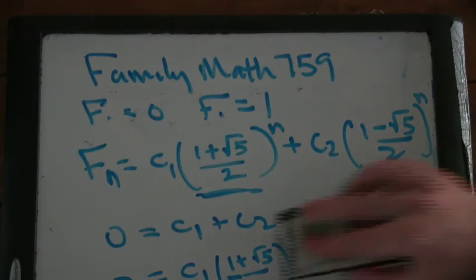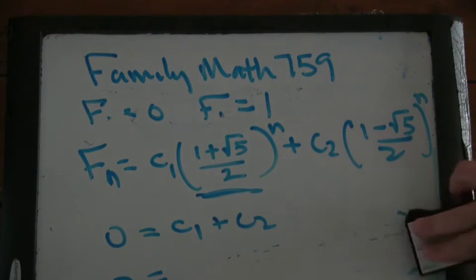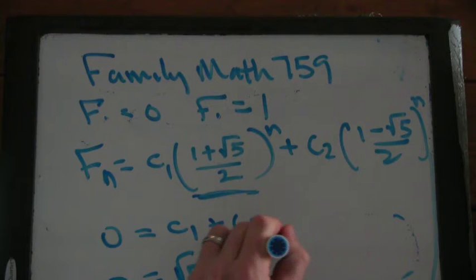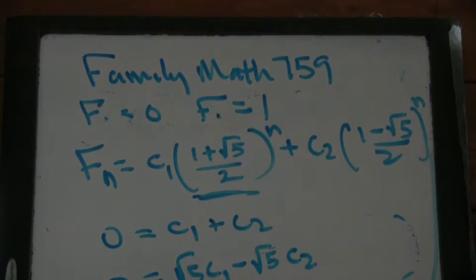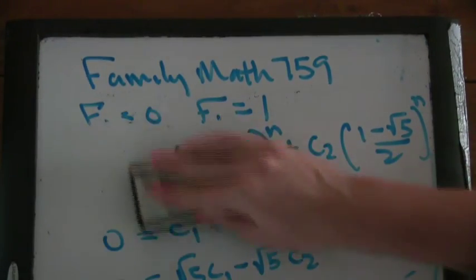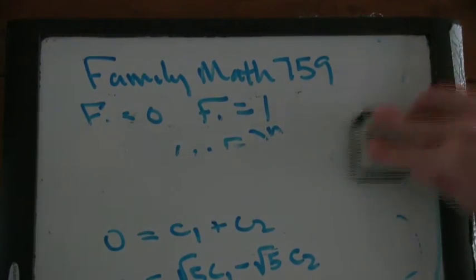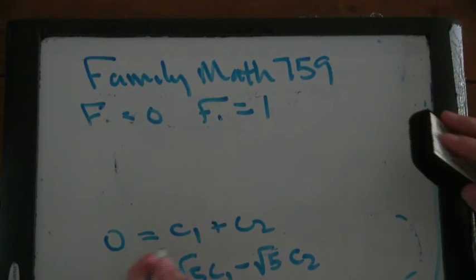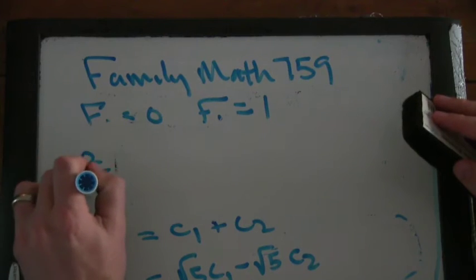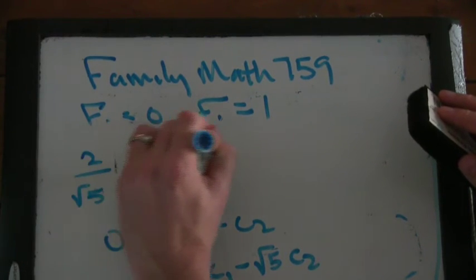So this simplifies to be root 5 times constant 1 minus root 5 times constant 2 equals 2. Okay? And now what I'll do is I'll just divide by root 5 to obtain two equations that look like this: constant 1 plus constant 2 equals 0, and 2 over root 5 equals constant 1 minus constant 2.